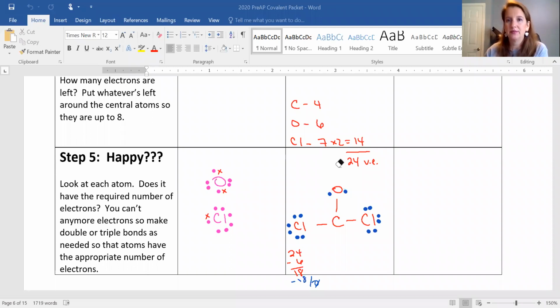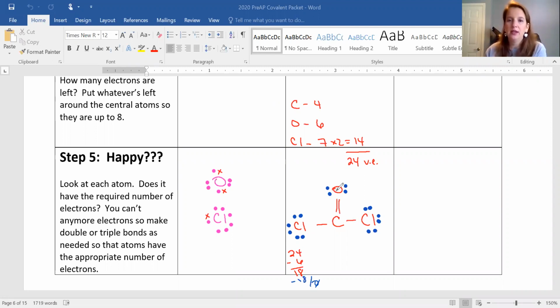So what we need to do is take a pair of electrons away from the oxygen. Oops, didn't mean to take away all of those. Let me put those 2 back here. So we took a pair away, and we're going to draw a second bond between the carbon and the oxygen like this.